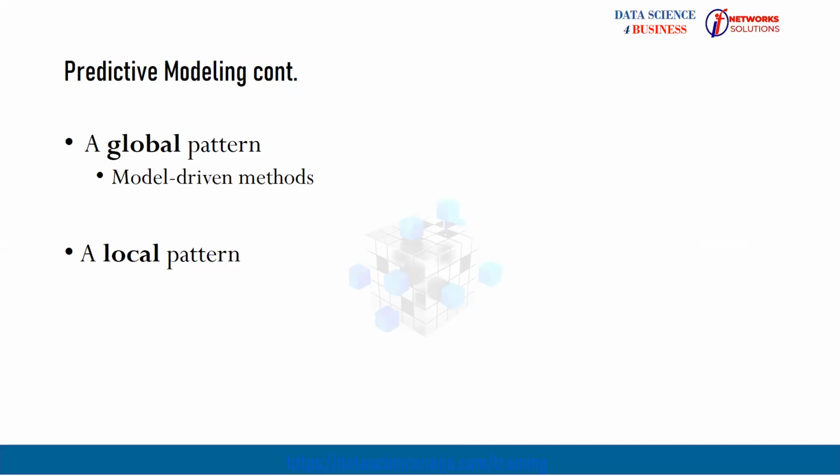The local pattern is one that occurs only in a short period of data and then changes. An example of that is a trend that is approximately linear within 4 neighboring time points, but the trend changes slowly over time. That's the local pattern. And for this local pattern, we usually use data-driven methods.